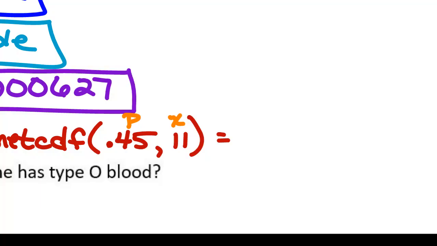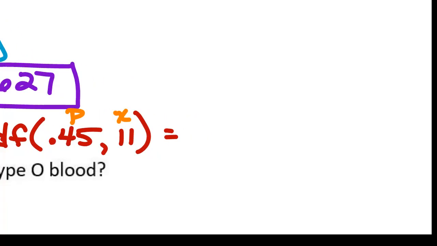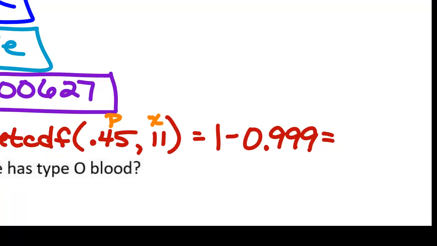So I do 1 minus geometcdf with p 0.45 and x is 11. So this would be 1 minus, this comes out to be about 0.999. So I get 0.001.